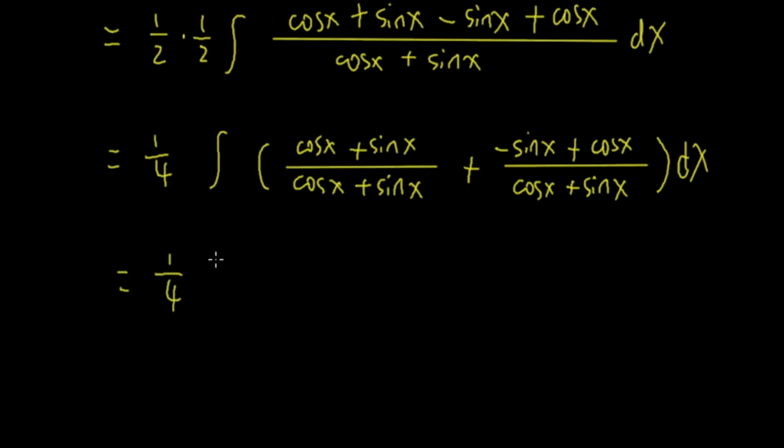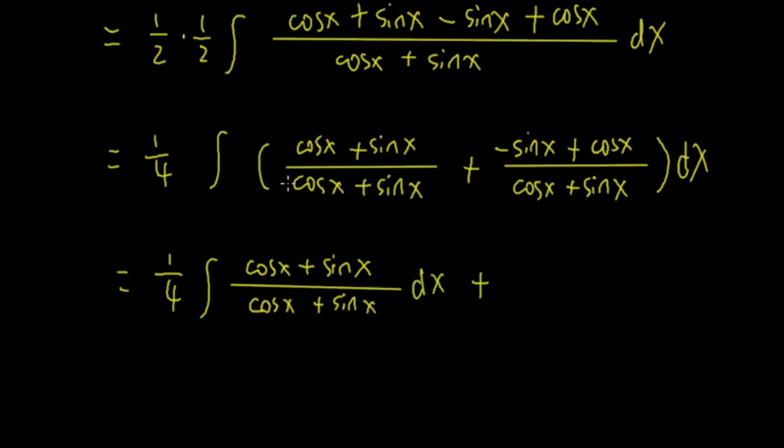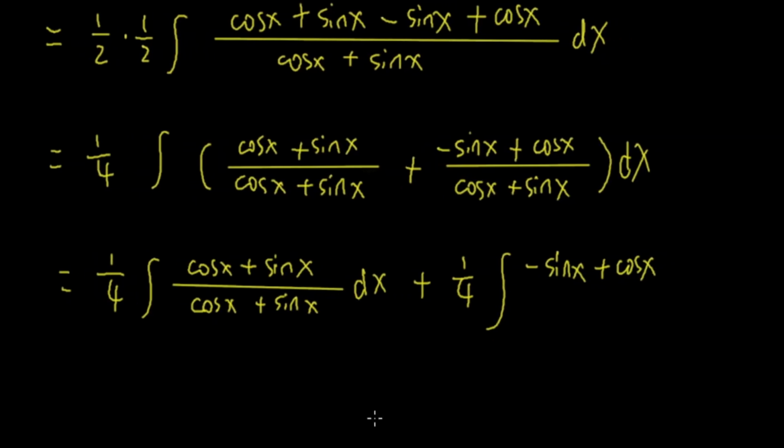So 1 over 4 integral of cosine x plus sine x, all divided by cosine x plus sine x dx, plus, this is plus, right? 1 over 4 integral of this, negative sine x plus cosine x, all divided by cosine x plus sine x dx.